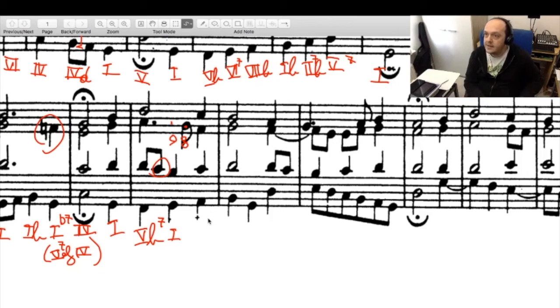Okay, next. Fa, La, Do twice. Fa sharp, La in the bass, and then Do twice. So that's chord 7B, 7 in first inversion, used to pass between chord 1 in root position and chord 1 in first inversion.